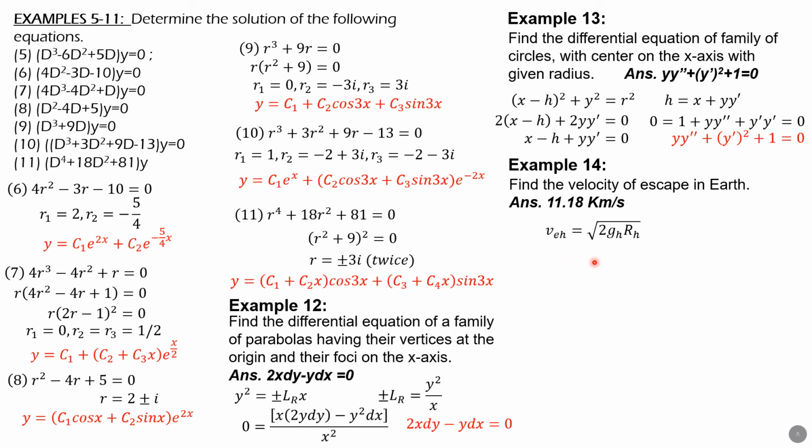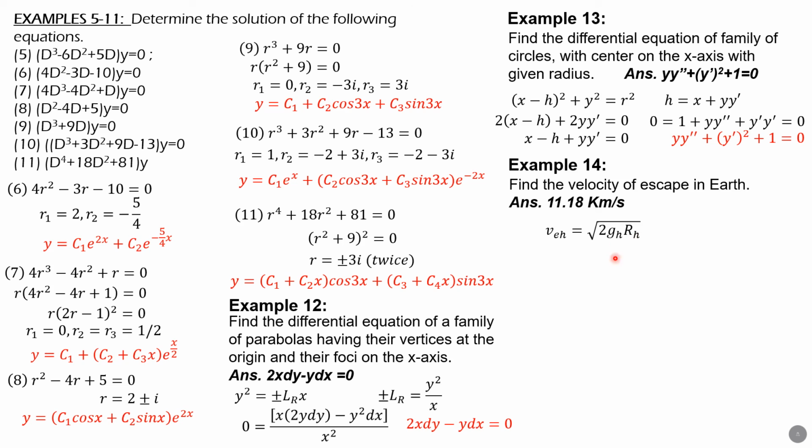And g sub h is the pull of gravity near the Earth's surface, which is 9.81 meters per second square, or converted to kilometers per second square, that's 0.00981 kilometer per second square.